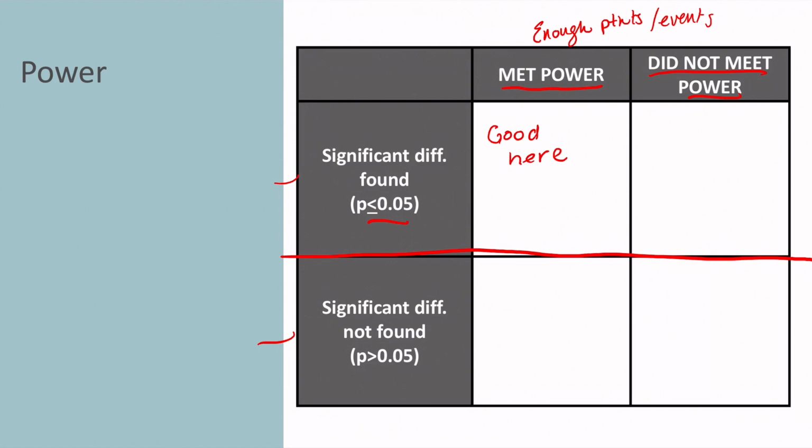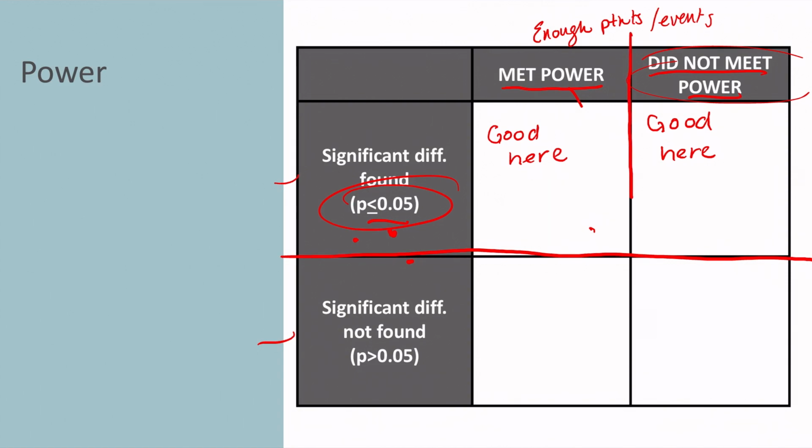Because we met power, we're not at risk for type 1 error or type 2 error, and we found a significant difference. If we did not meet power and we found a significant difference, that's also not that bad of a deal, because the whole function of power is to make sure that if there is a difference, we detect it. We found a difference. So again, power is not that big of a deal.